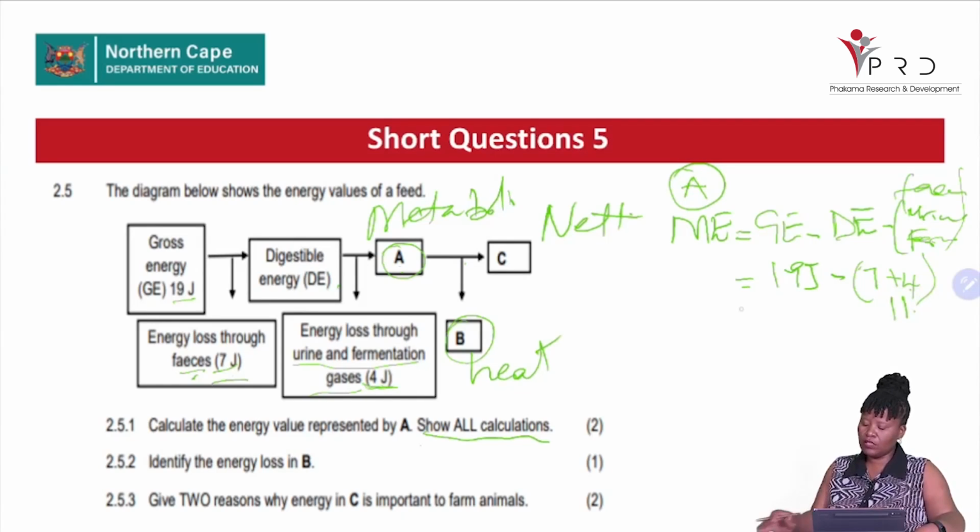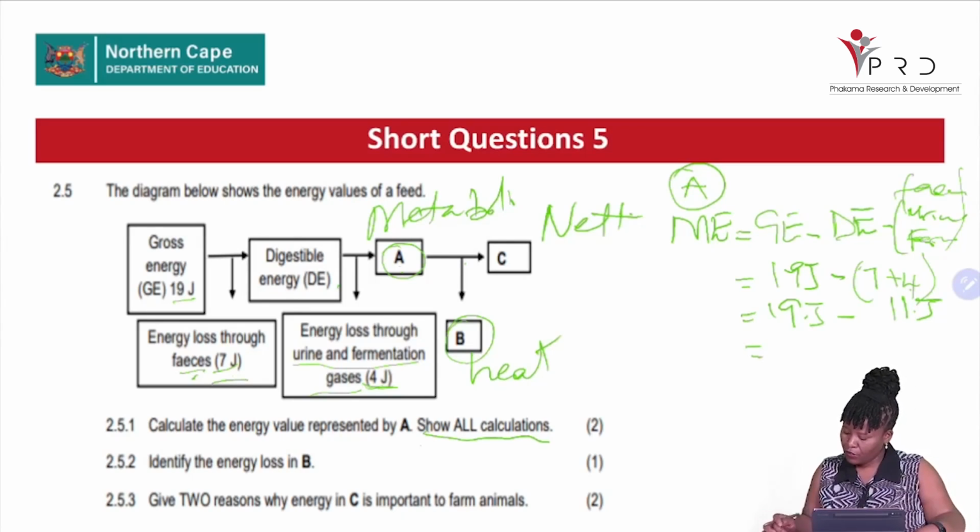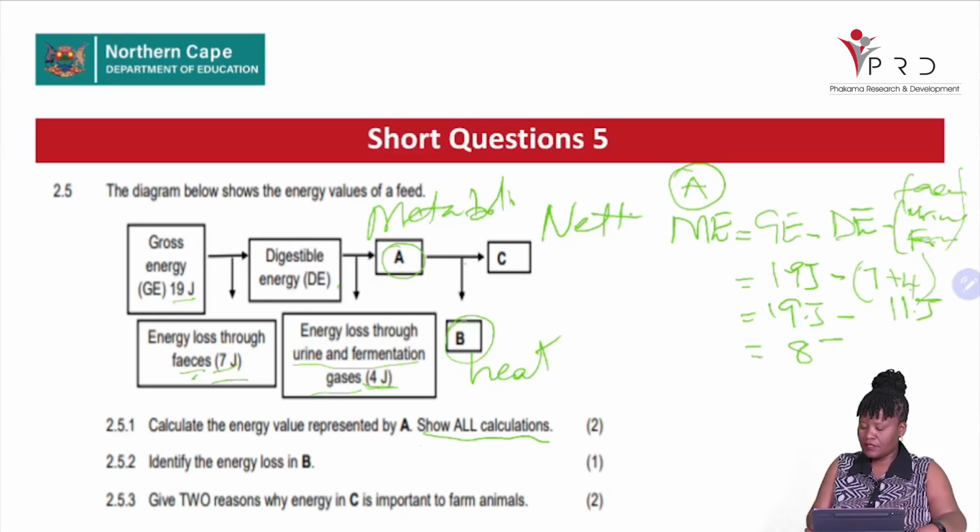So all in all, use your calculator. Don't take it for granted. Say 7 plus 4, you get your 11. It means that 19 joules minus 11 joules. And how much are you going to get? 19 minus 11, you are going to get 8 joules.